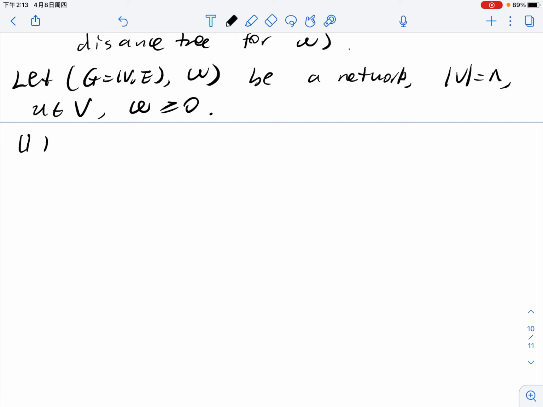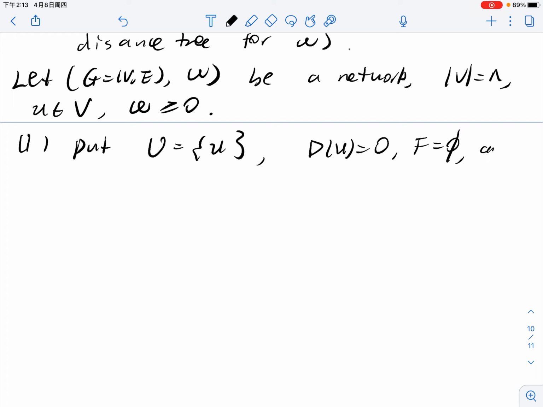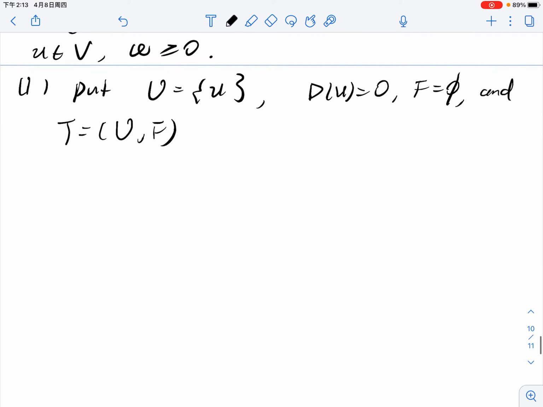First, put the set capital U as a set consisting of small u, d_u is 0, F is empty, and T is (U, F).